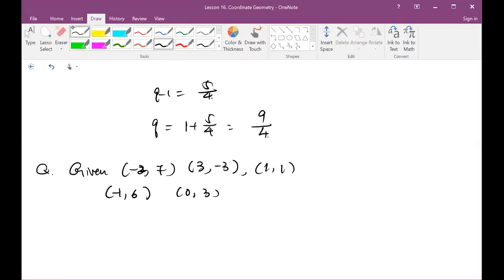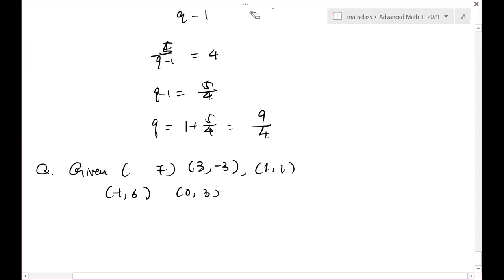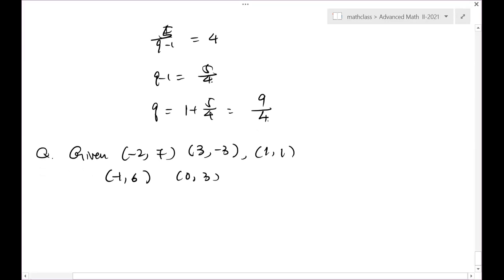Let me rewrite them: -2, 7, 3, -3, 1, 1, -1, 6, 0 and 3.